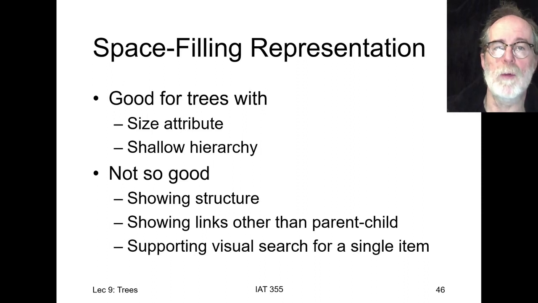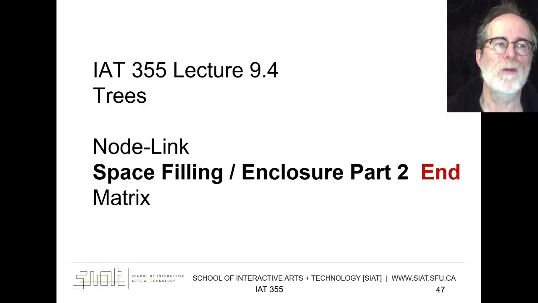So, for example, when I was talking about Alibaba in 2020, I briefly looked for Alibaba in the 2017 map, and then I stopped because I'm looking for Baba in this field of things with white text on reddish or greenish background. So it's hard to do, and that's just a drawback of the technique. Each technique is going to have its strengths and weaknesses. So that wraps it up for talking about space filling tree drawing and the end of lecture 9.4.